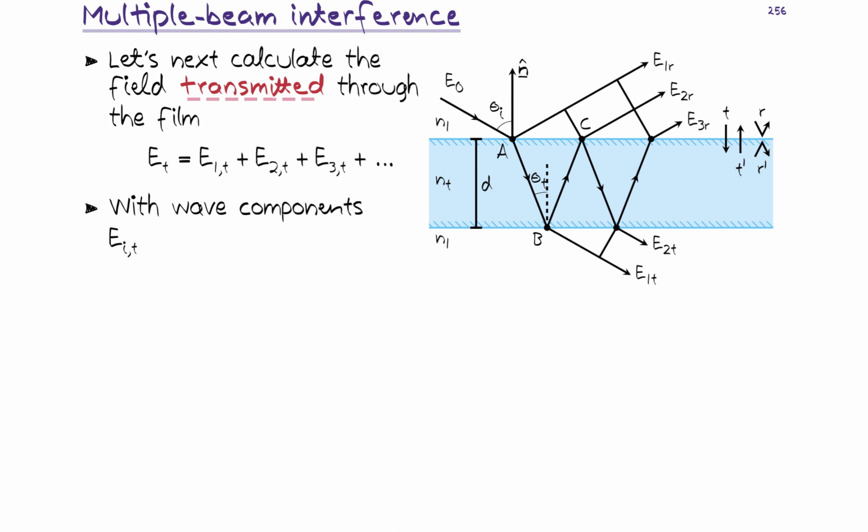And again, since the films are highly reflecting, we actually have many terms, and each of these wave components of the transmitted wave is given in a similar way to the reflected case.